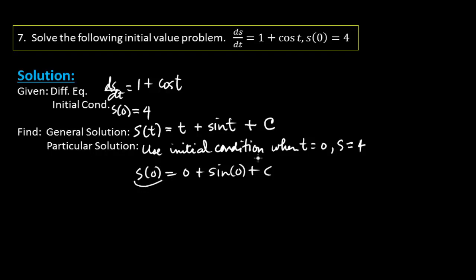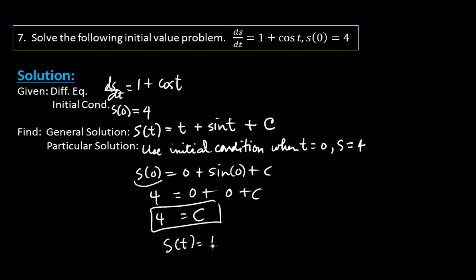But what is s of 0? It's equal to 4. So 4 is equal to, what's the sine of 0? It's 0. So 4 is equal to 0 plus c. Therefore, c is equal to 4. So that tells us that the particular solution that solves this differential equation would be s of t is equal to t plus sine of t plus 4.